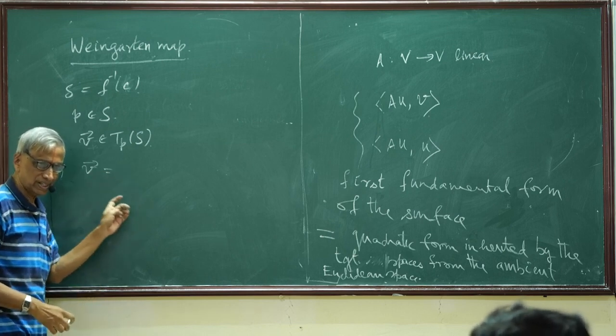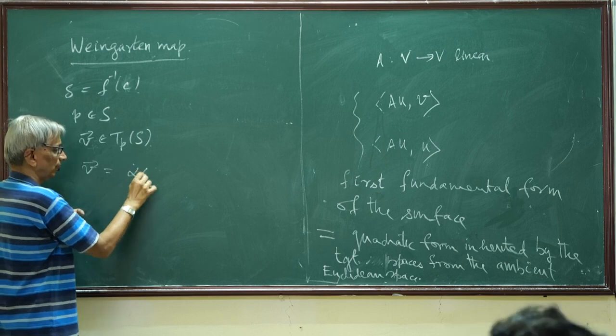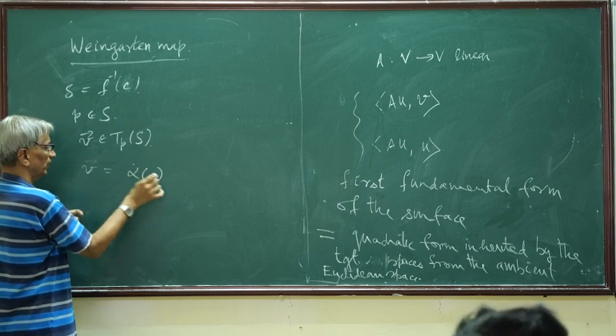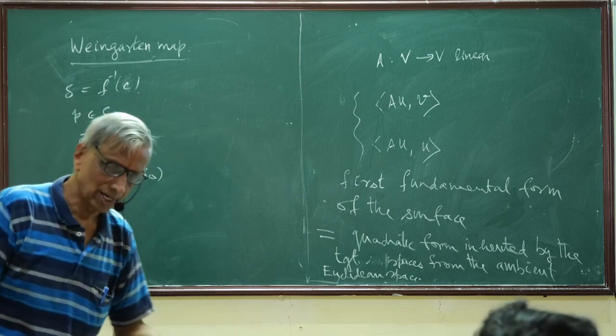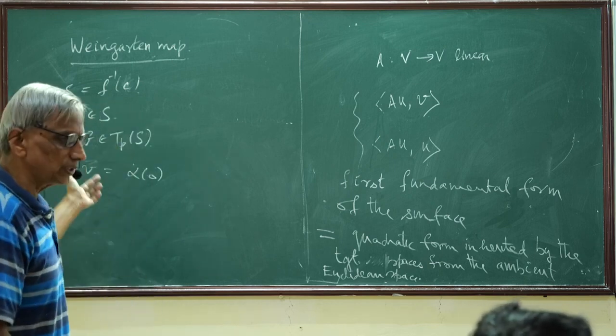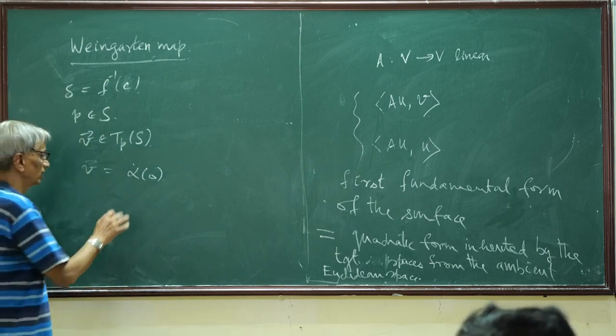You have a parameterized curve, alpha prime 0 or something, where alpha is a parameterized curve passing through P, and the derivative, the velocity vector, is the tangent vector, the usual setting.